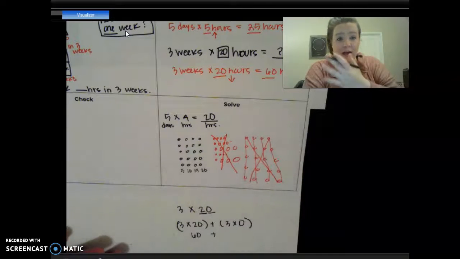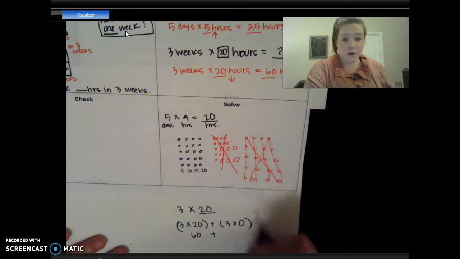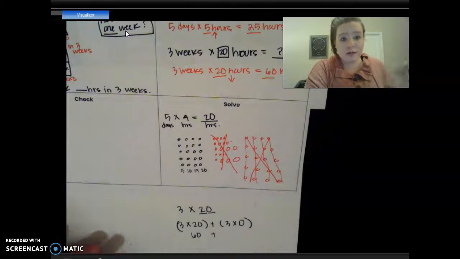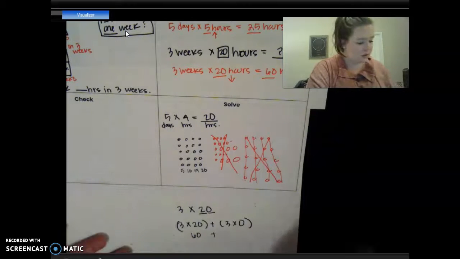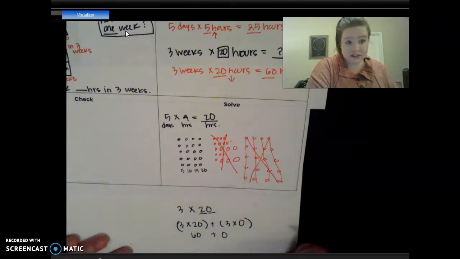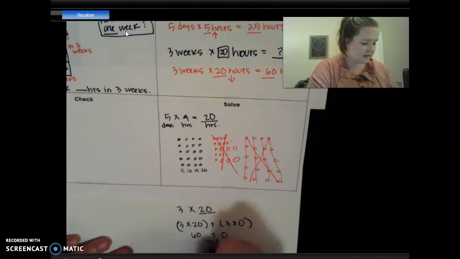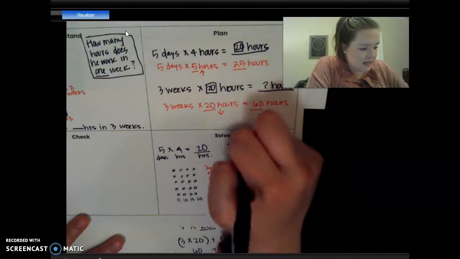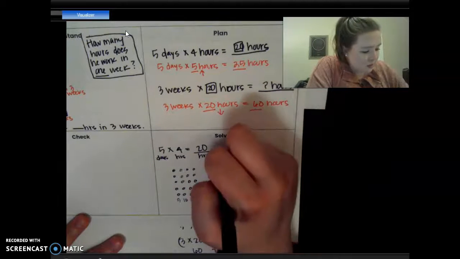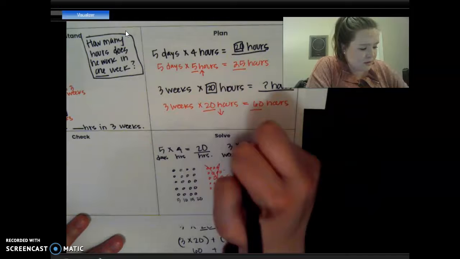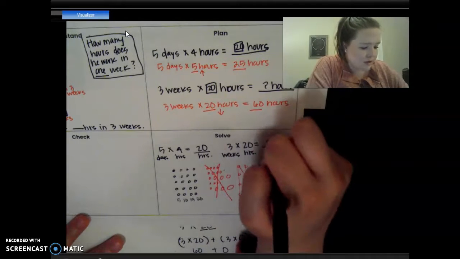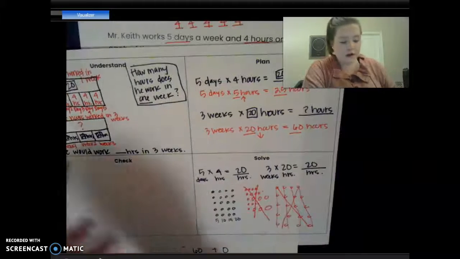You can't take, if you have 0, okay, and you put it into 3 groups, how many are in each group? Nothing. You put 0 into 3 groups, you put nothing into each group. 3 times 0 is 0. A number times 0 is always 0. Okay, and that is 60. So this problem was 3 times 20, equals 3 weeks times 20 hours.